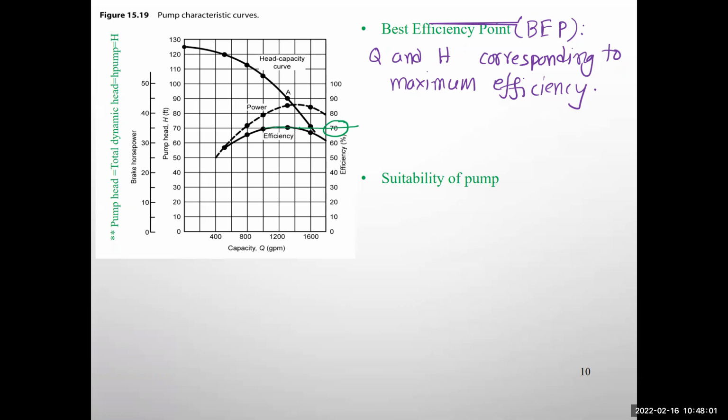Yes. Now we need to find the Q and H at this maximum efficiency. How can we find that?